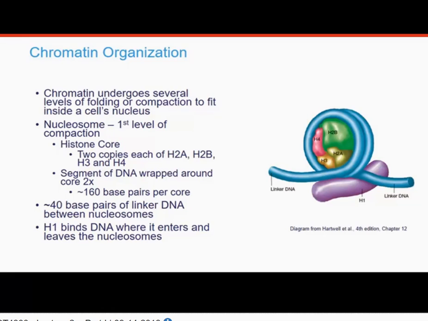So each little histone protein complex that is composed of H2A, 2B, 3, and 4 has about 160 base pairs of DNA wrapped around it a couple of times. Then there's linker DNA between this core and another core. And this is called a nucleosome. And then there's another protein that attaches to the DNA as it enters the nucleosome.